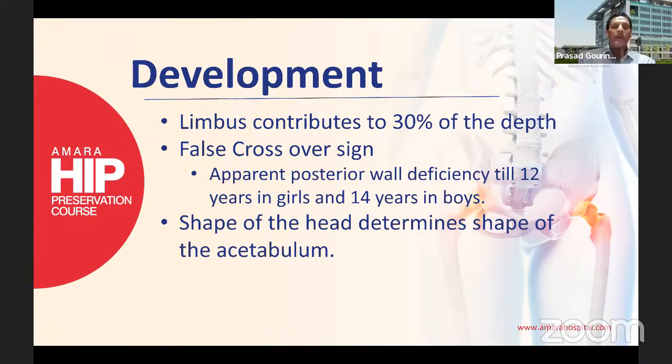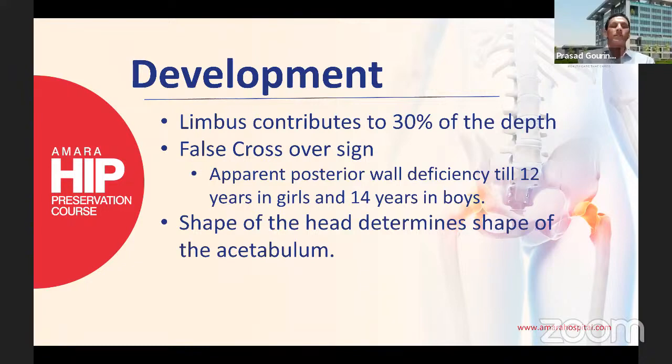On the other side, if the acetabulum is not deep and molding, the femoral head will not be spherical. So the concentric pressure of the head and the acetabulum help each other develop well. This is one of the principles when you do DDH surgery. You don't want to accept subluxation for too long. You want to reduce and encourage the head and acetabulum to mold each other and develop well.